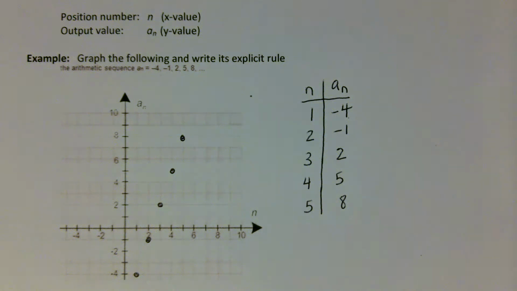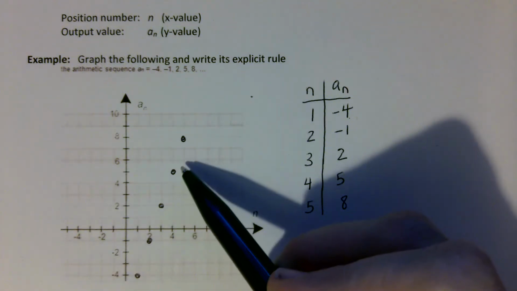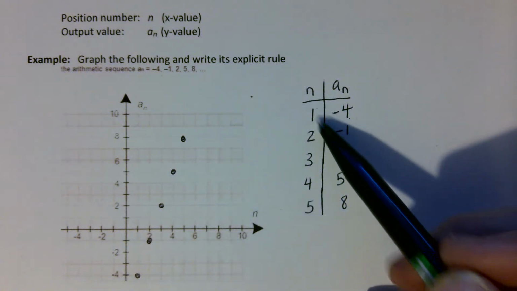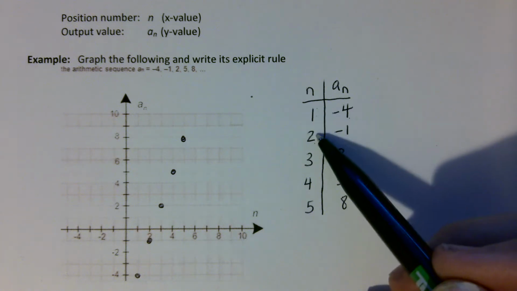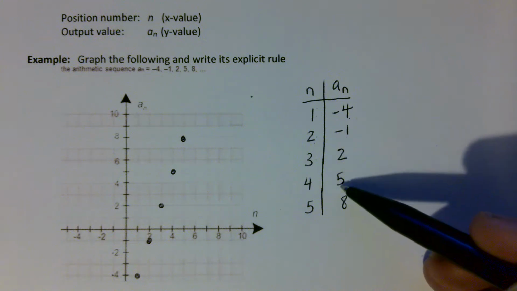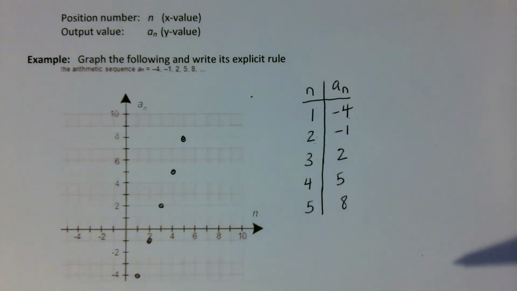You can see it follows a linear pattern, as discussed in a previous SOS video. We do not connect the dots because, as I said, you can't have a position in between 1 and 2. You have first place, second place, third place, and so on. And these are the actual numbers. There are no numbers in between in our sequence.